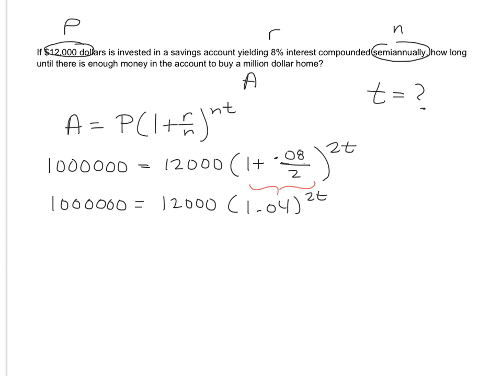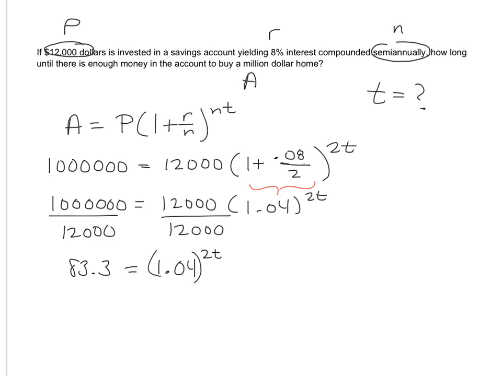So similar to the growth and decay we did earlier, I will divide by 1200. So 1 million divided by 1200 is going to give me 83.3 repeating. So I'll just do 83.3 equals 1.04 to the 2t. So if I switch this to log form, the exponent 2t will go by itself.